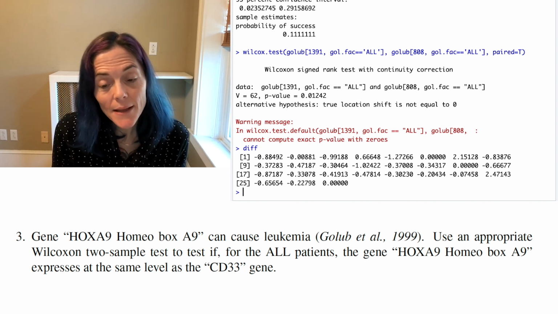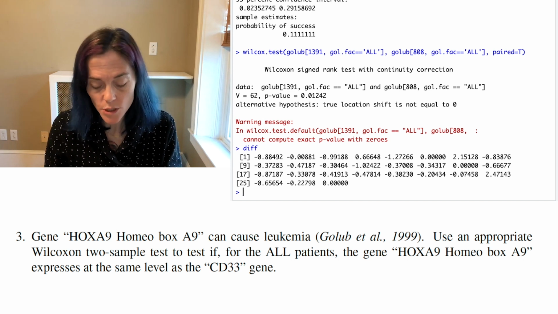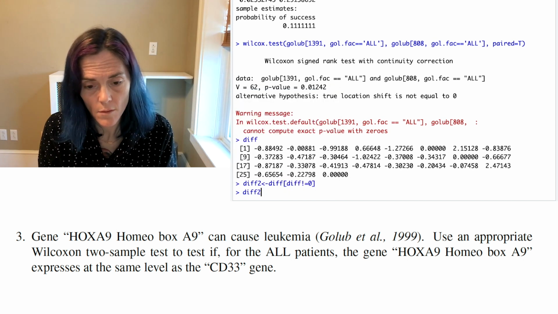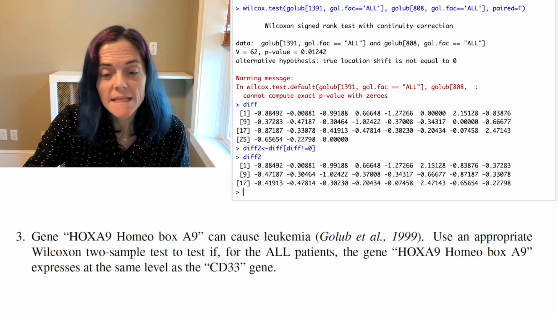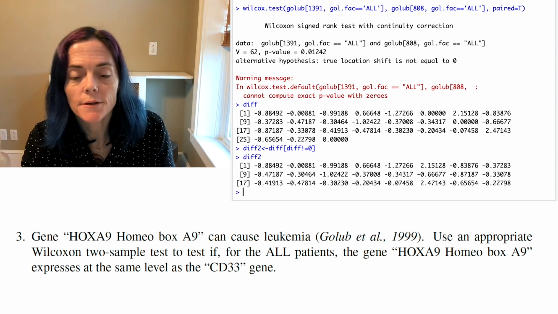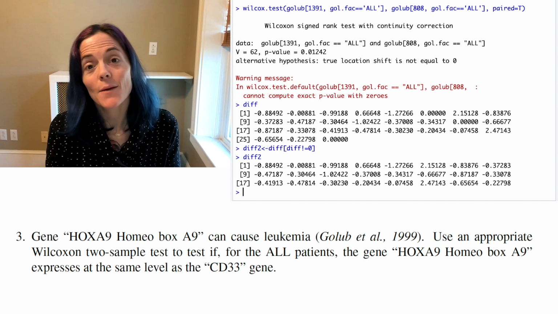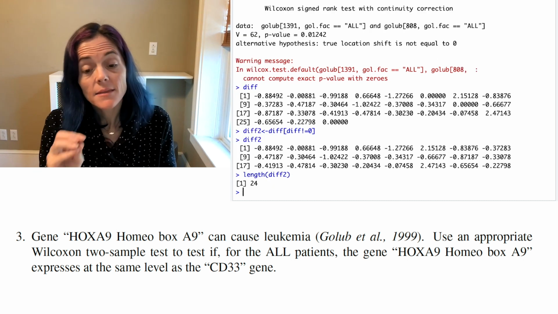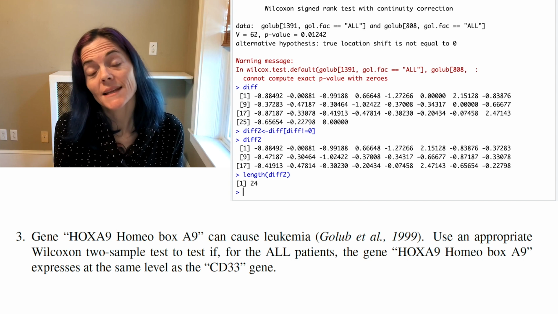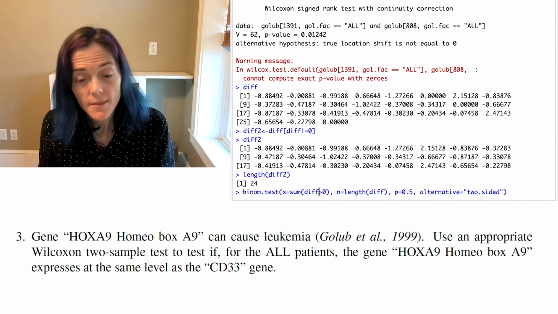But if you're concerned about these zeros, what could we do? What I did is I created this new vector diff2 where I took all the differences that were not equal to 0. The length of diff2 is 3 less than the length of diff.